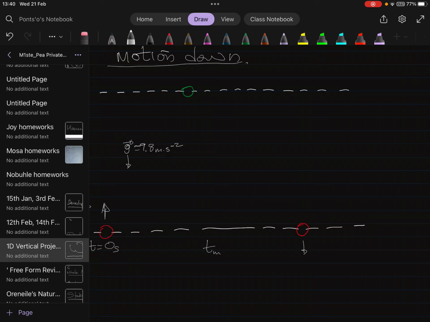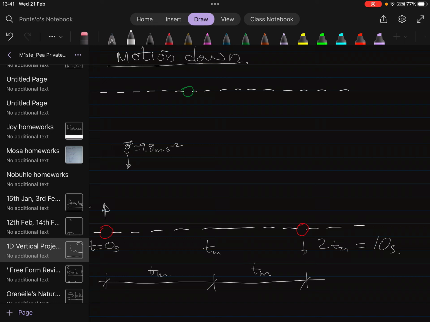Alright, what our theory tells us is that the time to travel upwards is the same as the time to travel downwards. So the time to travel from t equals 0 seconds to where it gets to its maximum height should be the same as the time to travel down from there. So if we segment the time like that, if this is tm, this is also tm, then the total time is 2 times tm, right?